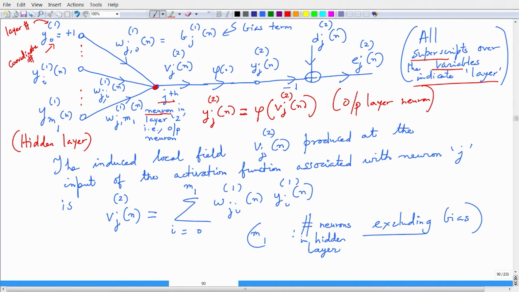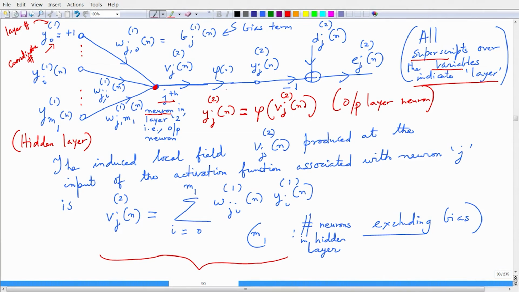You take y0 of 1 multiplied by wj comma 0 of 1, and then take y1 of 1 with wj1, dot dot dot, so on till ym1 multiplied with wjm1, and you sum this over. That is what we have in this equation. It is a linear summation. Okay. Now this vj is the local receptive field.